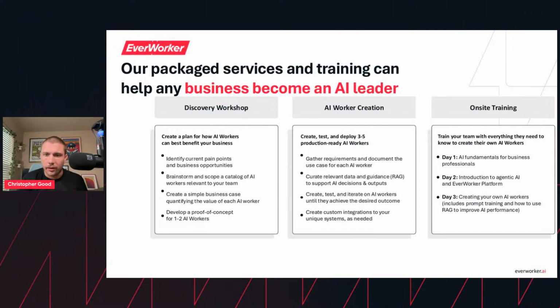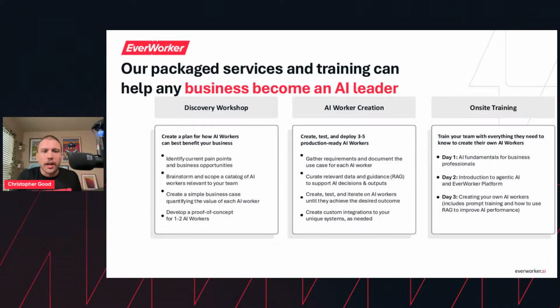We'll identify current pain points and business opportunities. We'll brainstorm and scope a catalog of AI workers relevant to your team, create a simple business case quantifying the value of each AI worker, and then develop proof of concept for 1 to 2 AI workers.